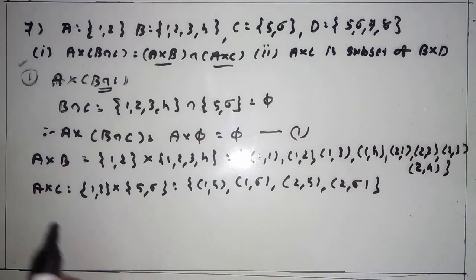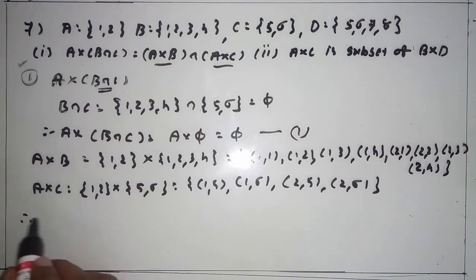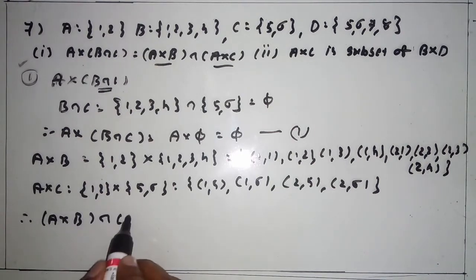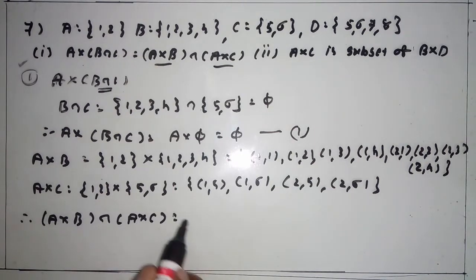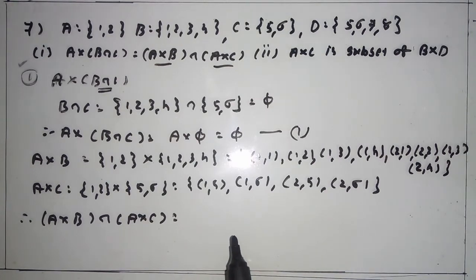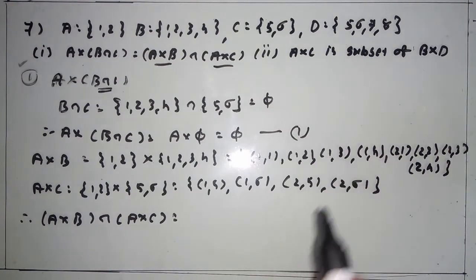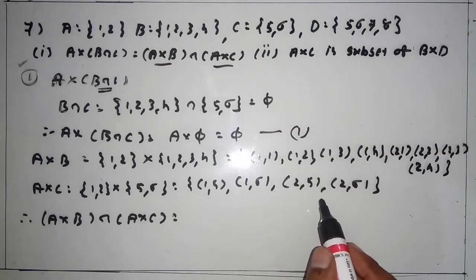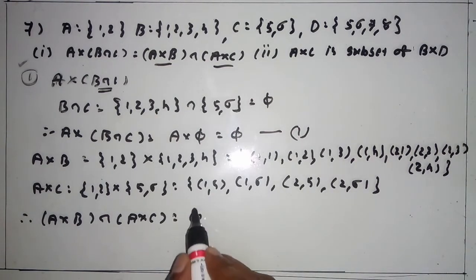Now get the intersection of these two cross products, (A × B) ∩ (A × C). Here there is no common element in these two sets, so it becomes a null set.